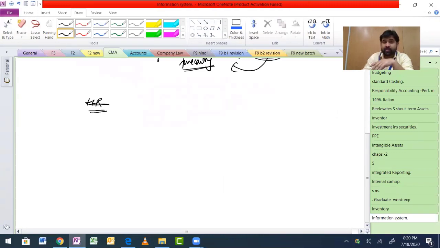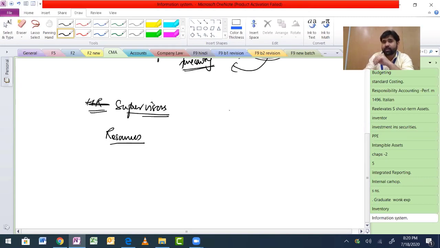Or say the supervisor of a work: if you are the team leader or supervisor, you also have to write how much of the resources you are using.